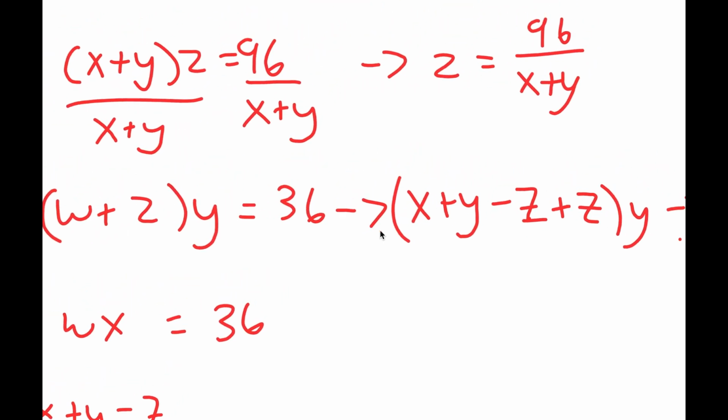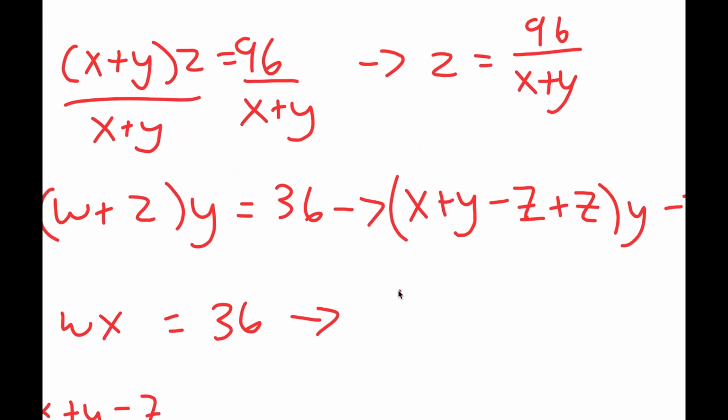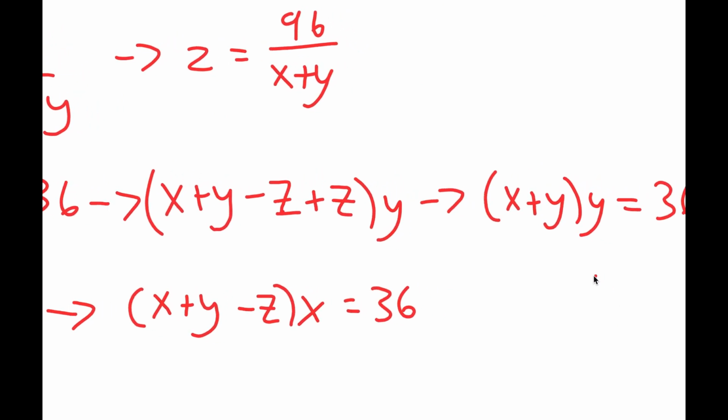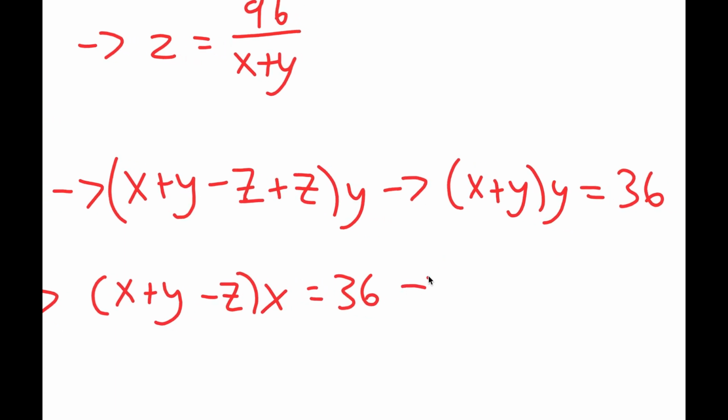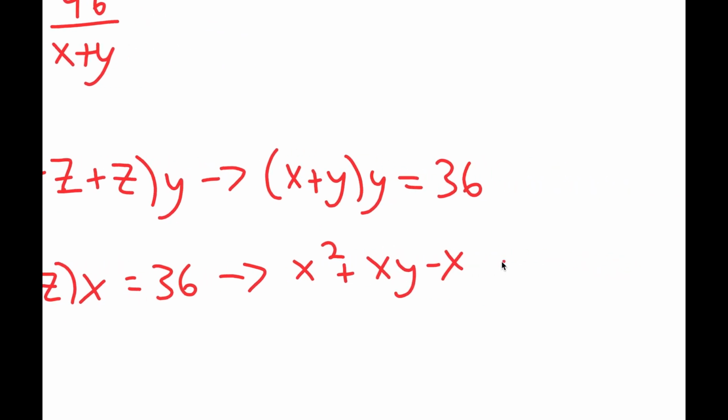And finally for this one, this turns into x plus y minus z times x is equal to 36. Now if I distribute the x, I get x squared plus xy minus xz is equal to 36.